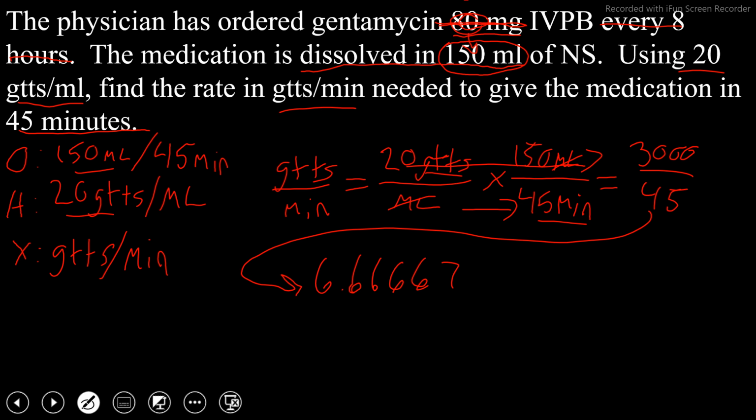We're going to go to the next decimal place over. We're going to round up because it's above 5. So we're going to round up to 67 drops per minute.